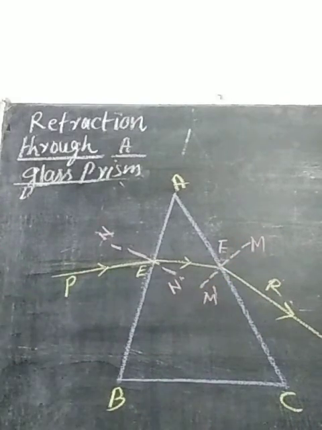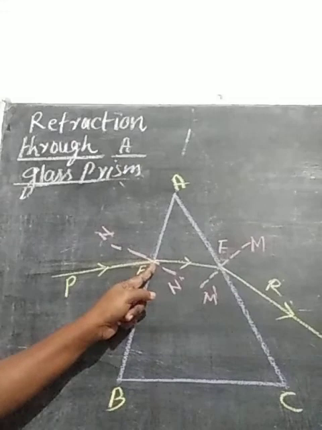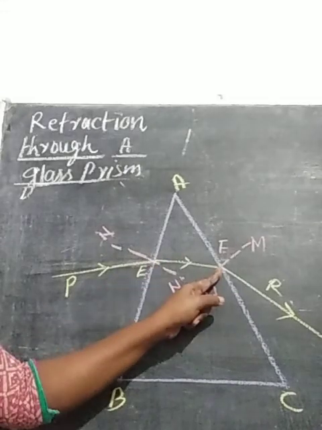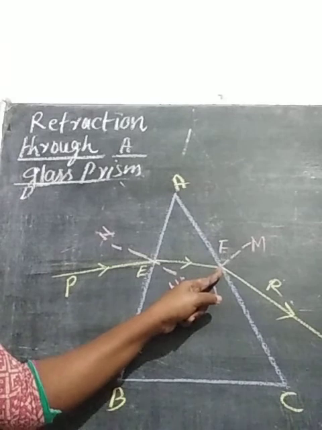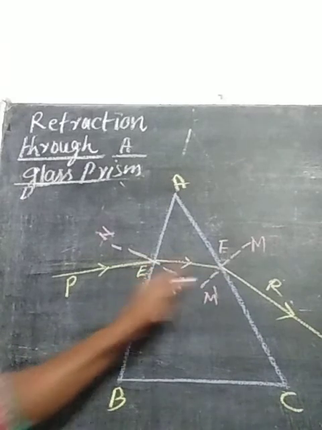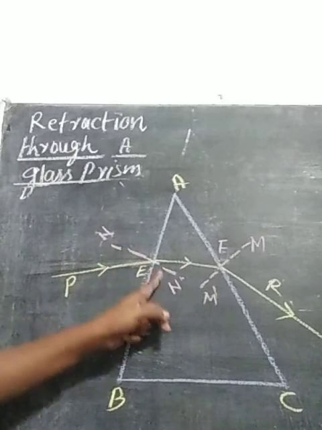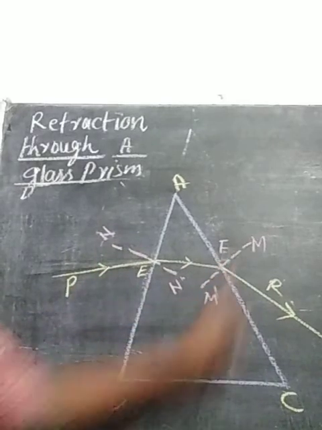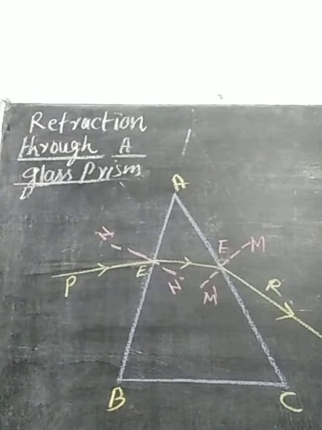These are the two normals drawn at the first point of incidence E, and the second point at which the light ray undergoes the process of refraction. At E and at F I have drawn two normals: one at E, N dash, and the other at F, M dash.